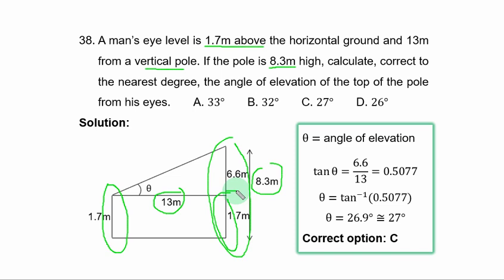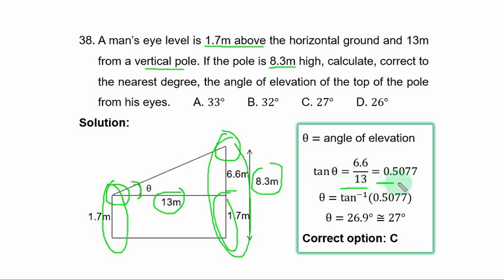So the angle of elevation of the top of the pole from the man's eye level, this is the angle. The man is looking at the top of the pole. From the eye level, the angle formed is the angle of elevation, theta. We can use tangent to get theta. So this is opposite, this is adjacent. So tan theta is opposite 6.6 over adjacent, that is 13.